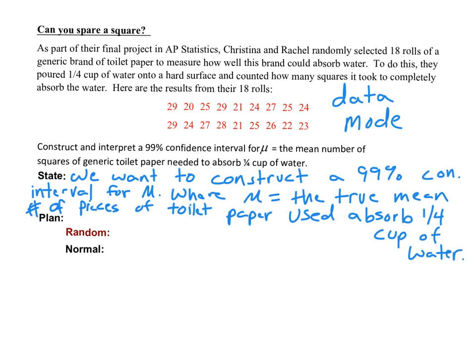That's a fairly wordy parameter. You'll see that the state step and its length kind of depends on that because the confidence interval doesn't. But the true mean number of pieces of toilet paper used to absorb 1/4 cup of water. And some parameters just aren't that wordy to say. This one is.